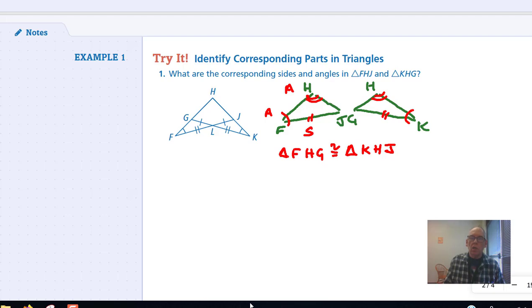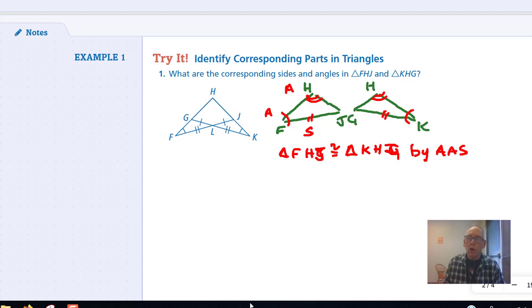FHJ and GHK. So FHJ is congruent to KHG by angle, angle, side.